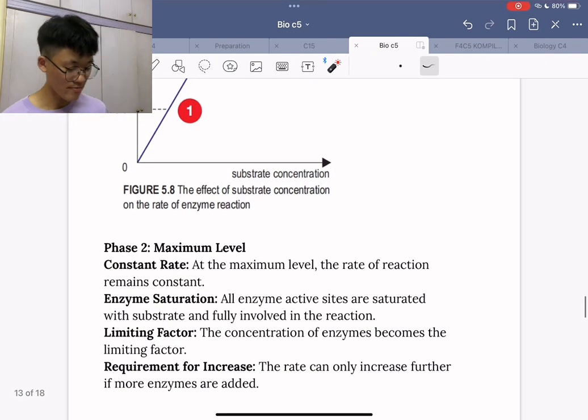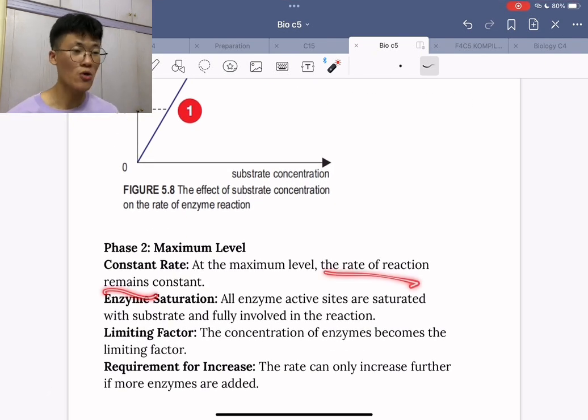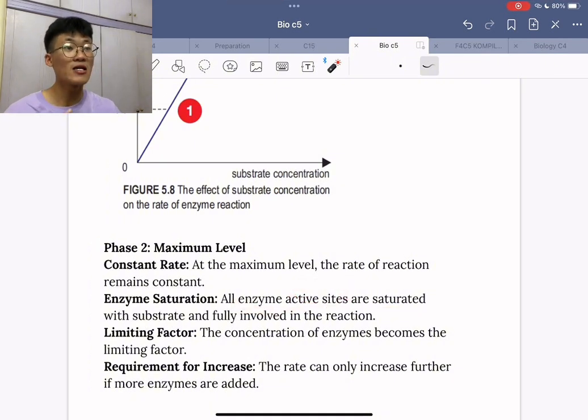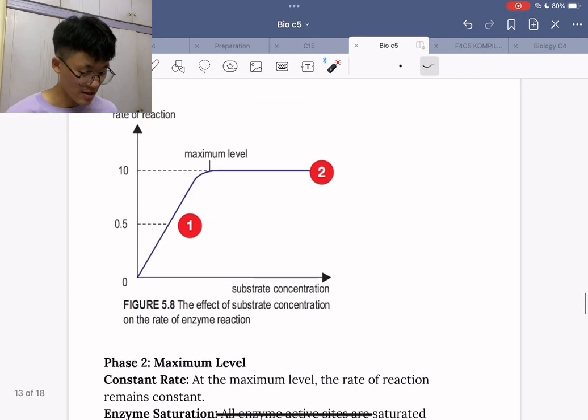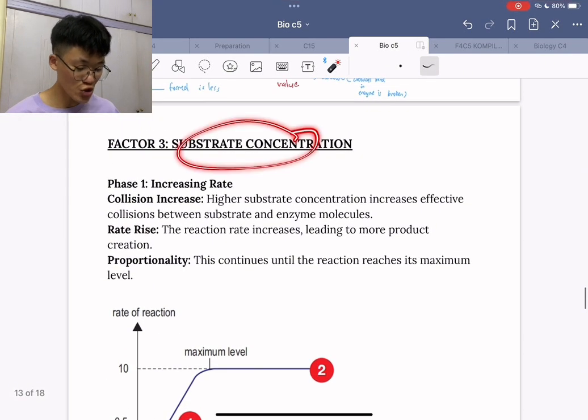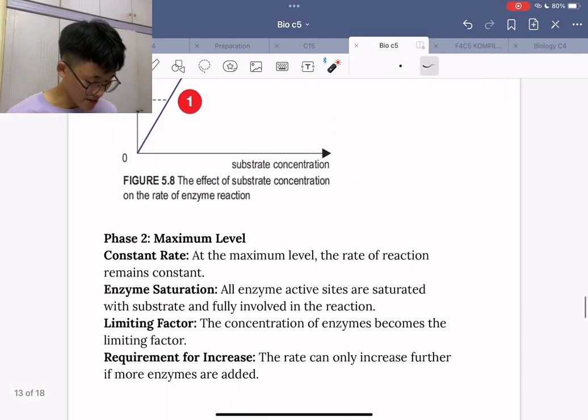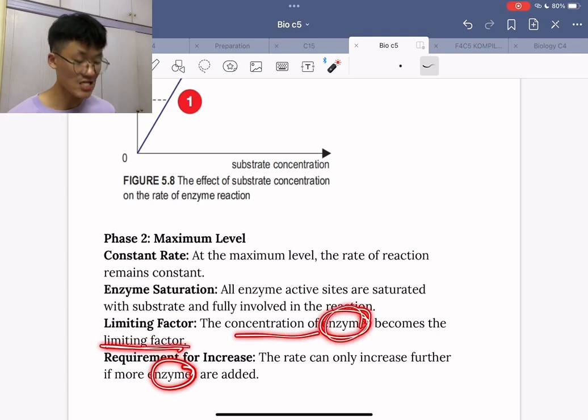Maximum level means that the rate of reaction remains constant. Why? Because all enzyme active sites are saturated, already fitted by substrate. Even though the substrate concentration is very high, the enzyme is the limiting factor.